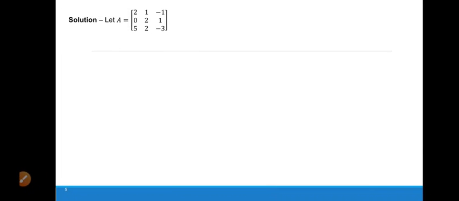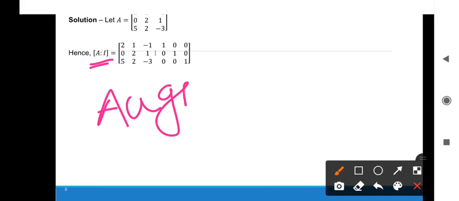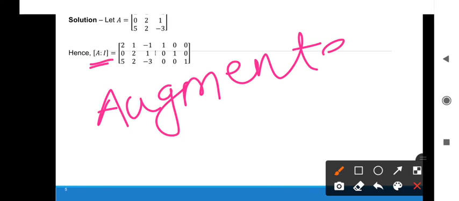First, consider the given matrix as some matrix A, and we know that the matrices are denoted by capital letters. So here we are using capital A equal to the given matrix of order 3. Now, first we will write this matrix along with the identity matrix of the same order, that is identity matrix of order 3, and this is called the augmented matrix.